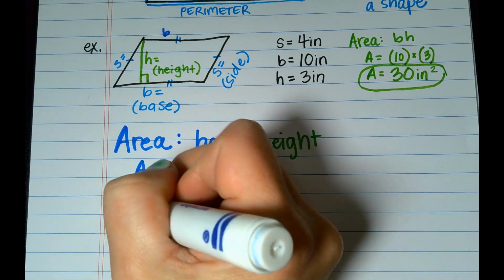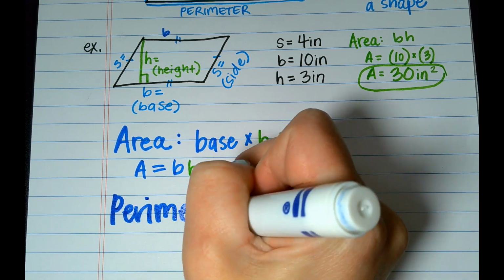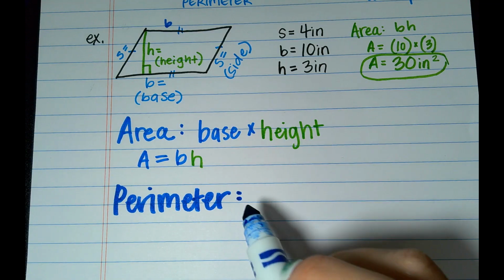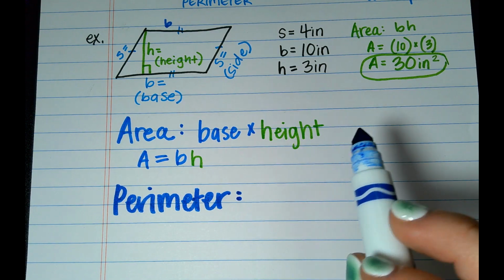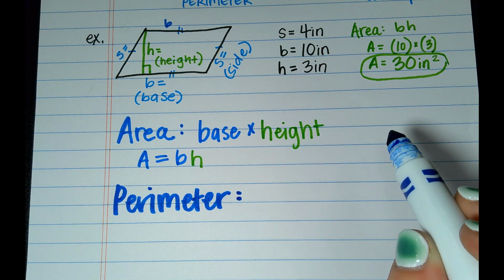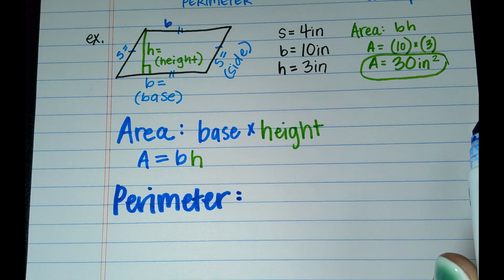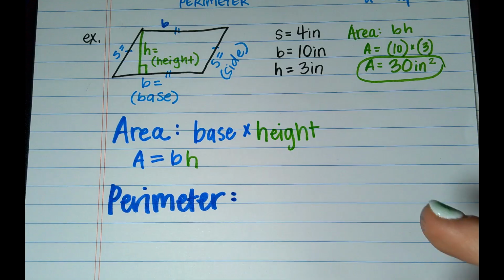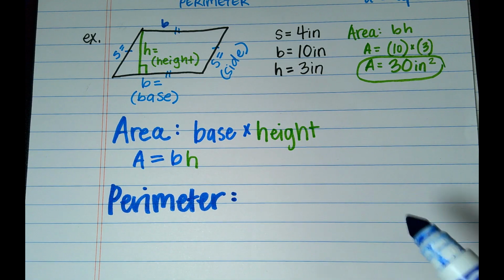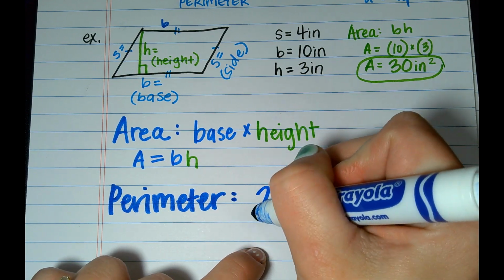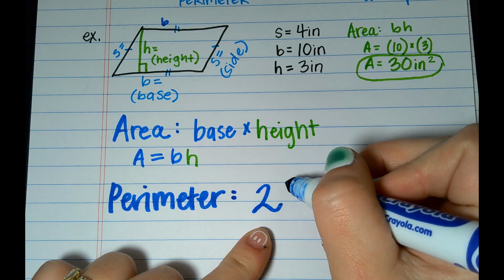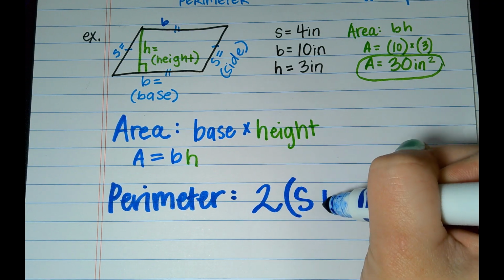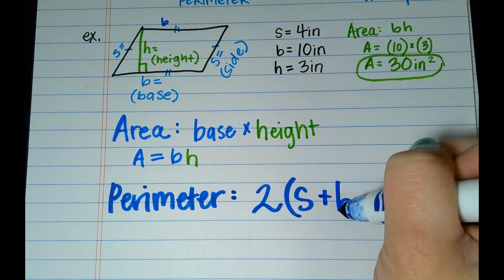But perimeter, there's a special formula, and I actually have it on an area and perimeter poster on that wall where all of those formulas will be. They live there. And the formula that they give us for perimeter is to do 2 times the side length plus the base length.